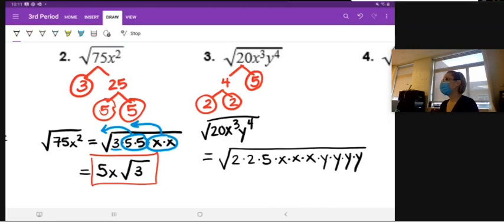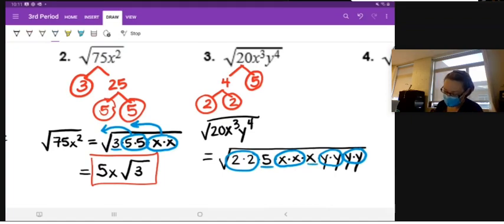And now we circle pairs. So I see a pair of 2's, a pair of x's. Careful, you only circle 2 of those x's. I see a pair of y's and another pair of y's. Okay, we got a lot of pairs in this one.